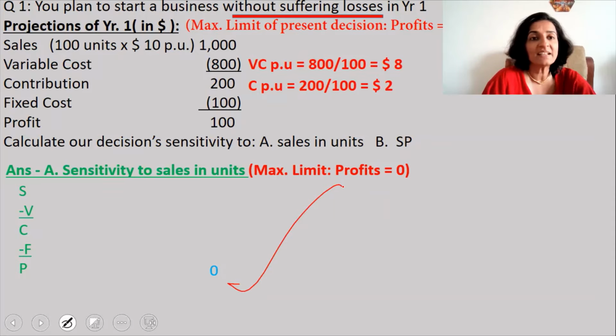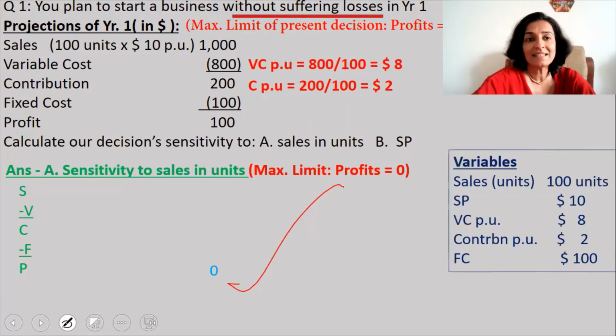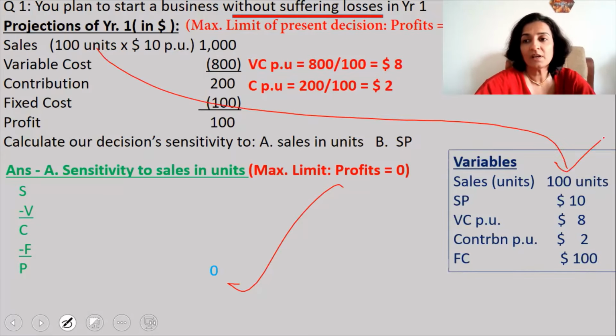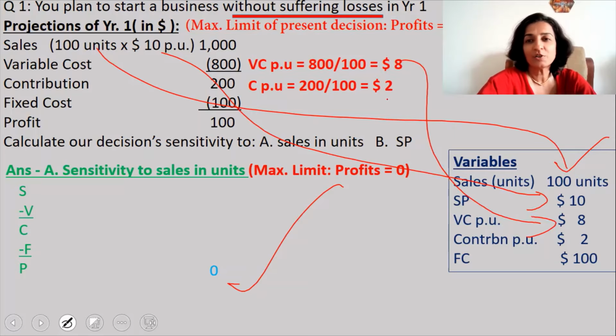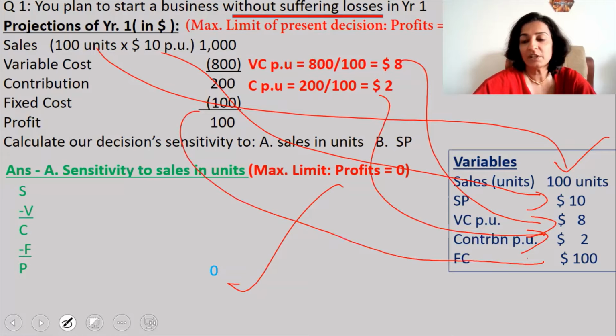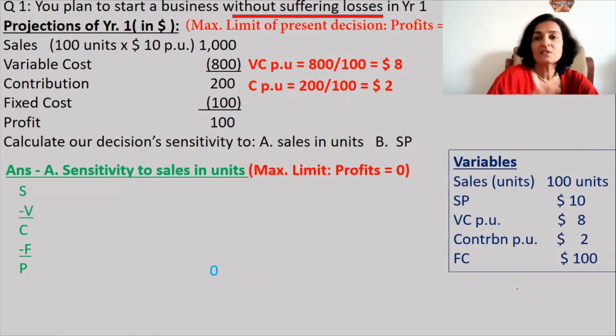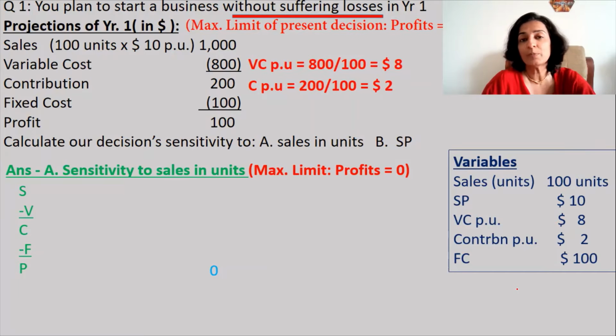And what are the variables that we got from the question? Sales, we know from the projections, it is 100 units. Selling price, we know it is $10. Variable cost, we know it's $8. Contribution, we know it's $2. And fixed cost, we know it is $100. So this is as per the original projections.